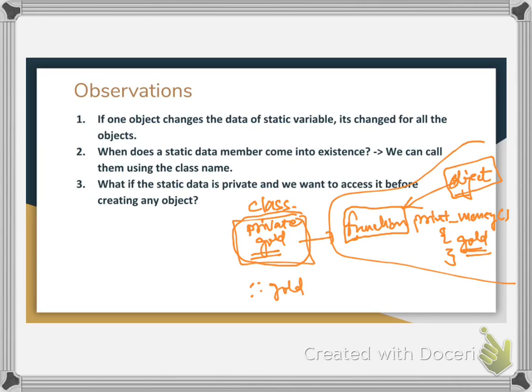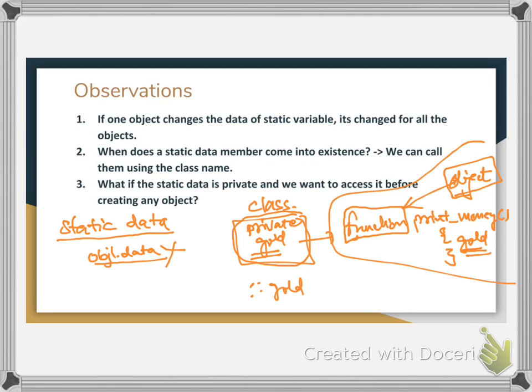So this is one rule of thumb. Whenever you are accessing any static data in your class, although we have seen that we can access it using objects, like object1.data, object2.data, it is not a nice way to do it. The reason is it can create confusion in the mind of the client.